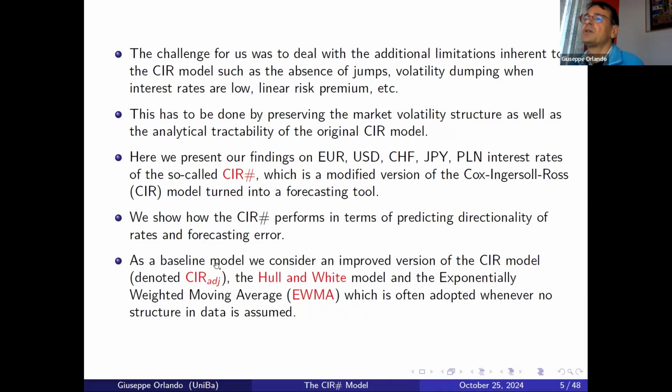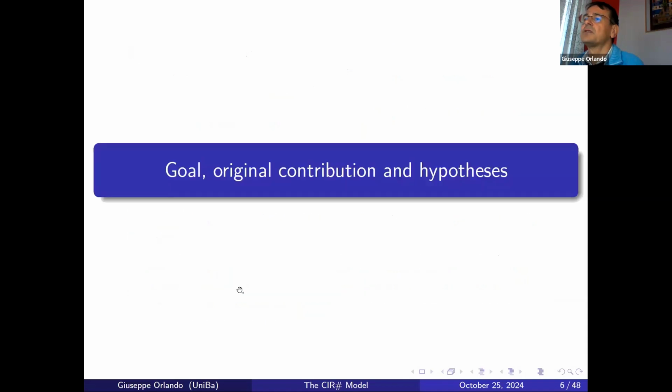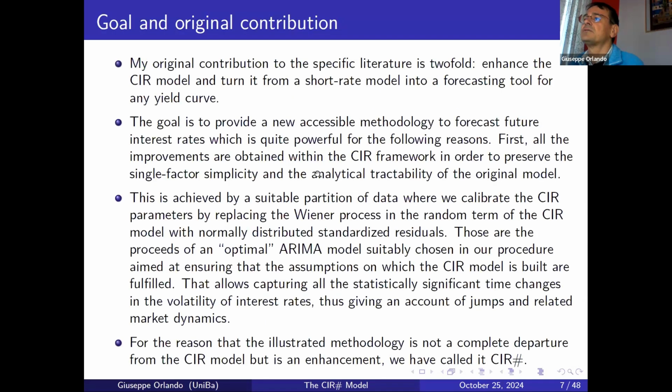And as model benchmarks, we used several ones, like the Allen White, the exponentially weighted moving average, the adjusted CIR, and so on. But in the literature that I provided at the end, you can find many more, much more than those.